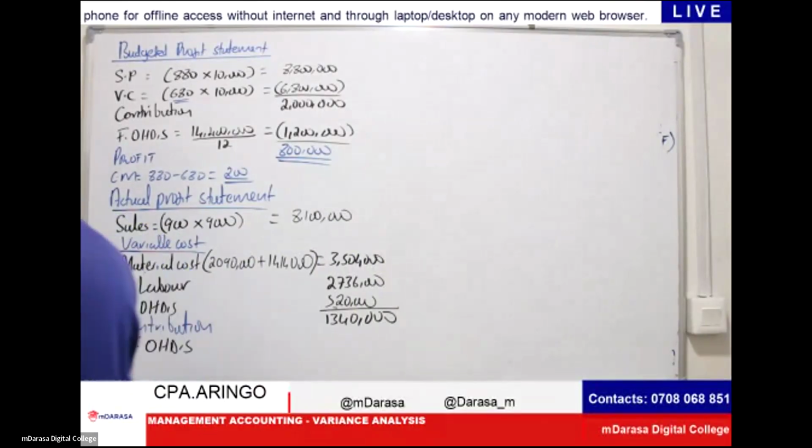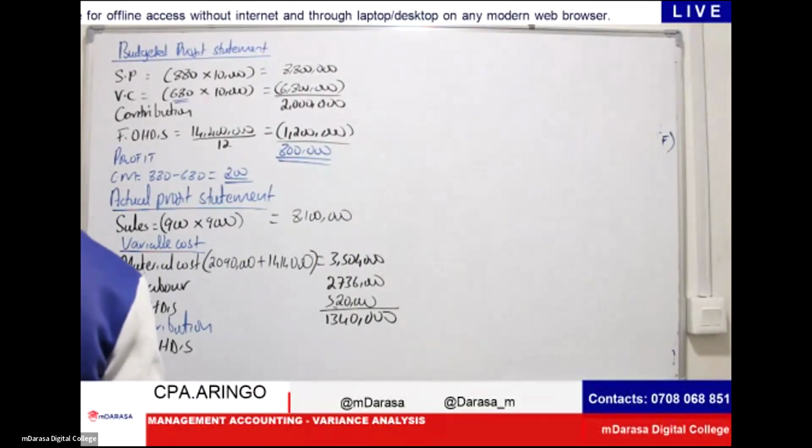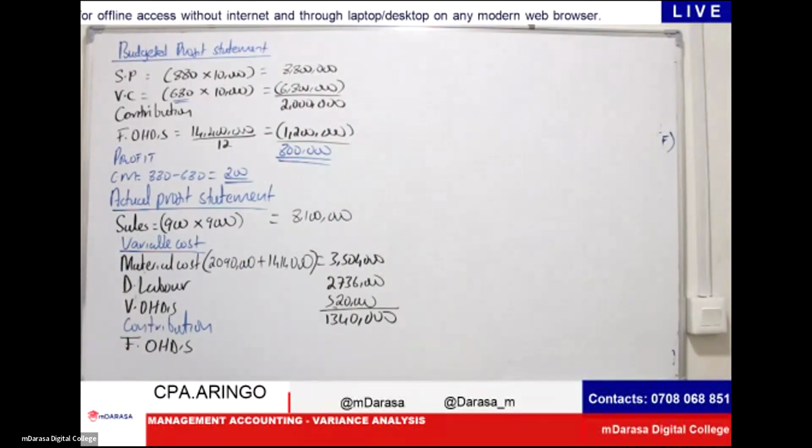So our fixed overheads, if you check our fixed overheads, the actual, we were given 1160.